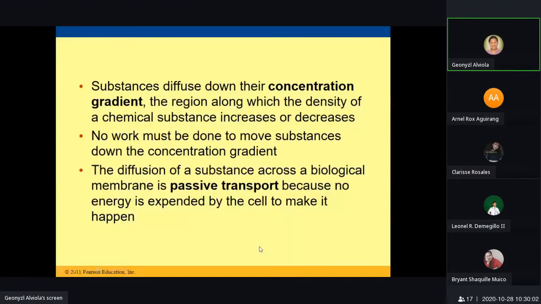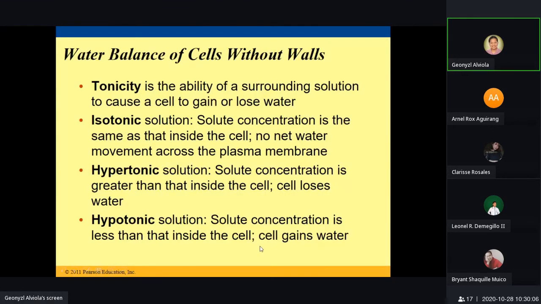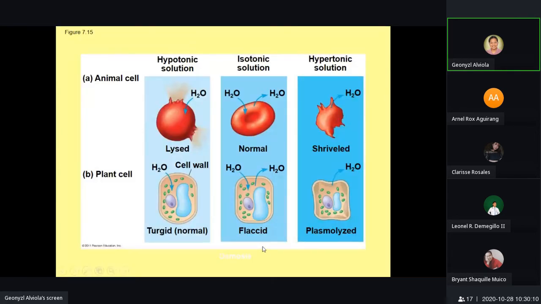Okay. Hope na kanina aspeto you have already understood. So, this with another diagram. Okay. Pero, lahi ang reaction sa plant cell. Plant cell, the cells were not lysed or hindi mag-shrivel because they have this cell wall.